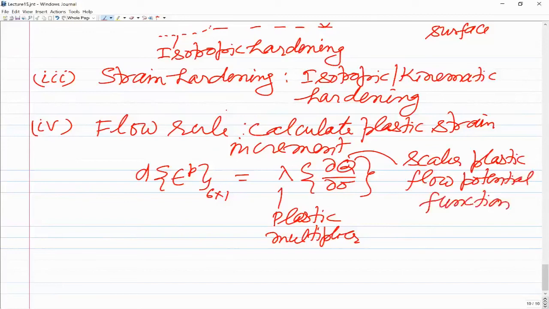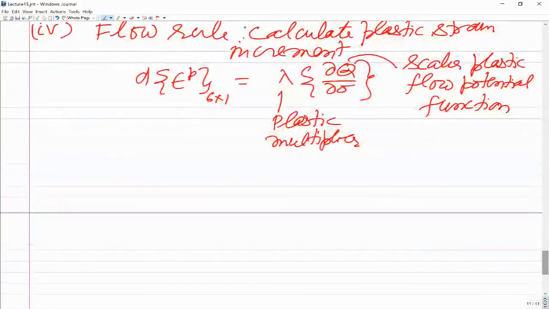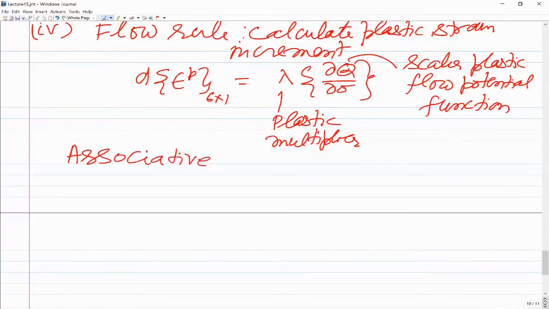In the literature of elastoplasticity, there are two types of flow rules. One is known as the associative flow rule. In this associative flow rule, the plastic potential function q is taken the same as the yield function f. We have used the notation f for the yield function.